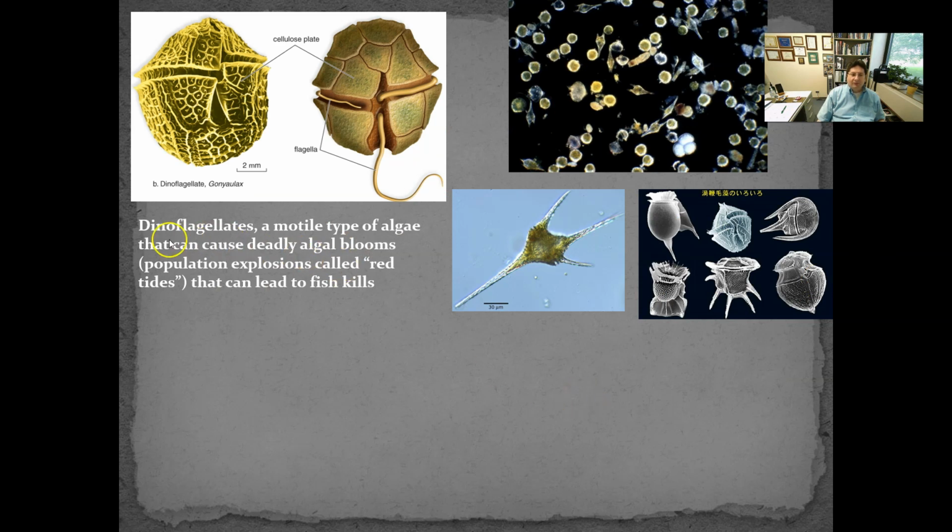Here's some more. Dinoflagellates are a motile type of algae. You see, they move by one flagella, one tail. And when their populations explode, when they get too many of them, they cause what's called an algal bloom. Okay, and these can be deadly.